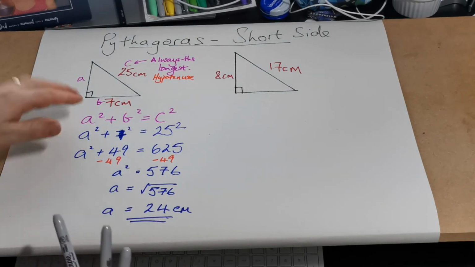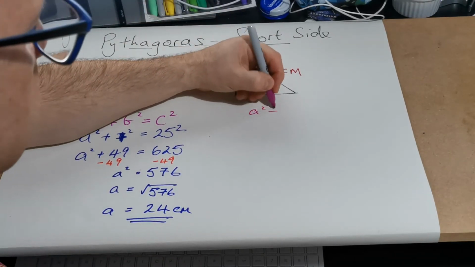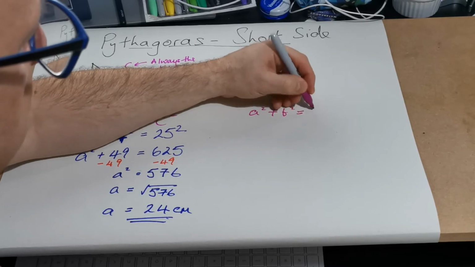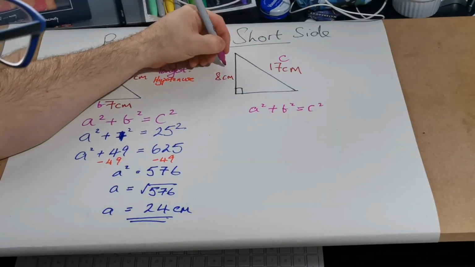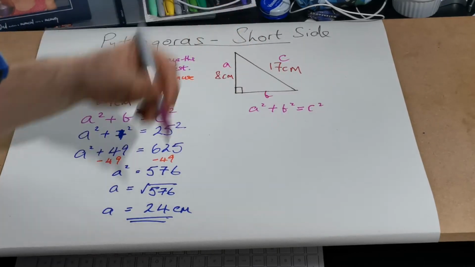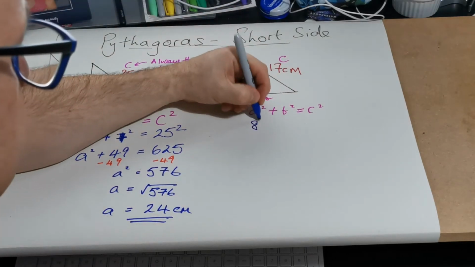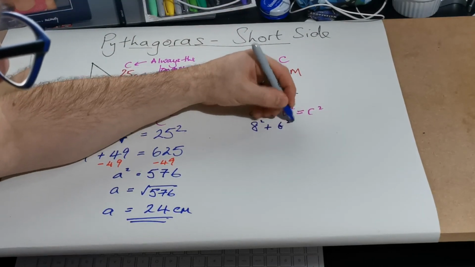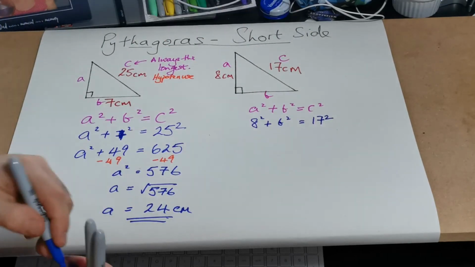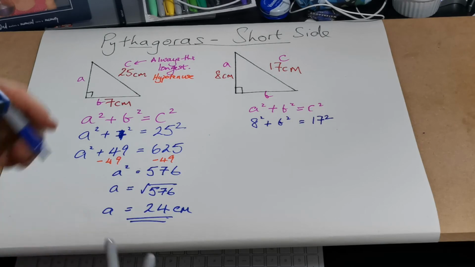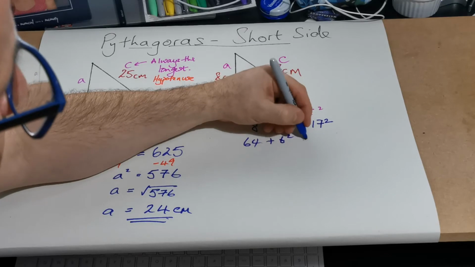Okay, so another example: A squared plus B squared equals C squared. C is the longest. I'm just going to be consistent and call this one A and this one B. So then, putting in my numbers, I've got 8 squared plus B squared is equal to 17 squared, and 8 squared is 64 plus B squared equals 17 squared.